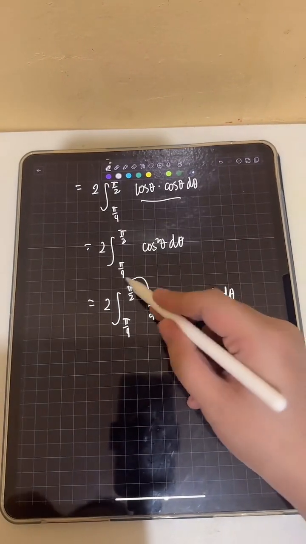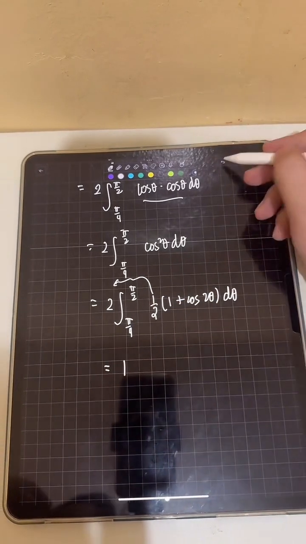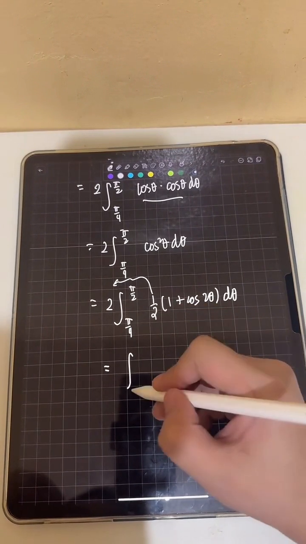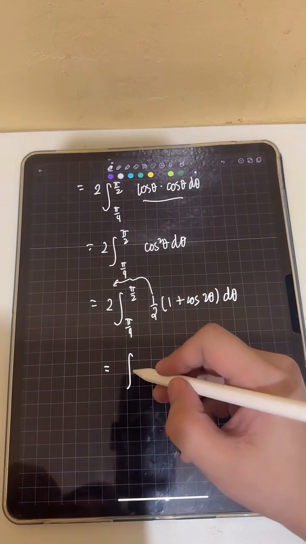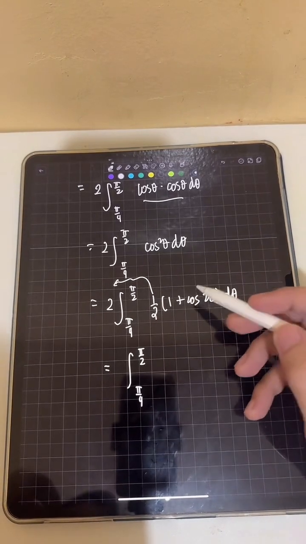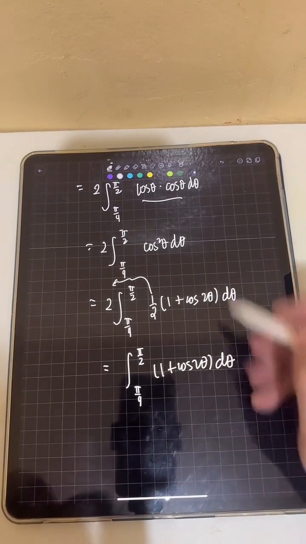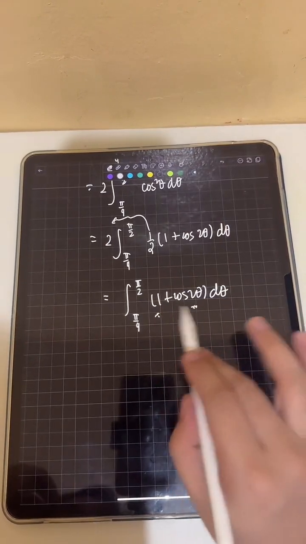So we can put this 1/2 in front. So we multiply 2 times 1/2, that's 1. No need to write the coefficient of 1. So we will just have integral from pi over 4 to pi over 2 of 1 plus cosine 2 theta d theta.